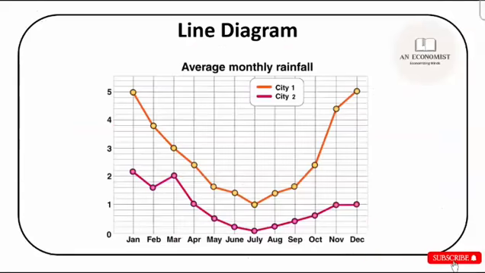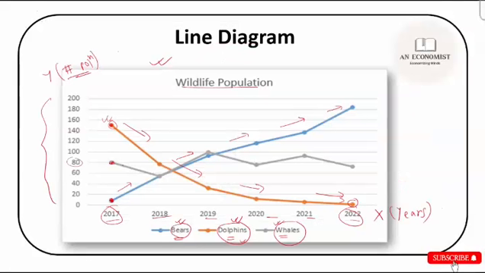The third example that I have taken is the average monthly rainfall for 2 particular cities, city 1 and city 2. Here the x-axis shows the data in months. So you plot the 12 months on the horizontal axis, and the average monthly rainfall on the vertical axis. In the previous diagram I forgot to tell you that you have to mention the scale.